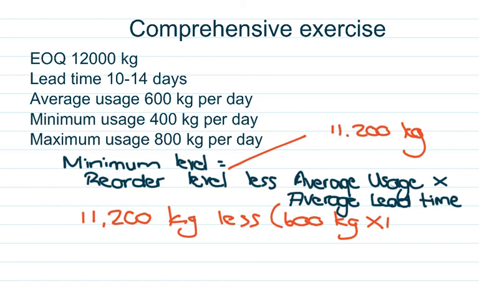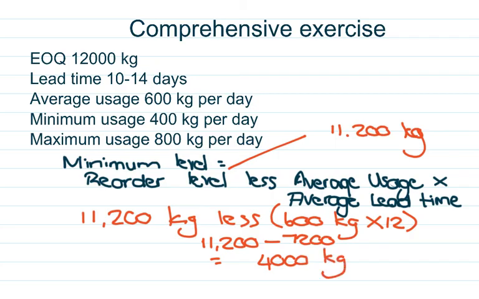So my average lead time is then 12. If we do this calculation, we will have 11,200 less 600 times 12 equals 7,200, and that will give me 4,000 kilos. So 4,000 kilos is then my minimum level.